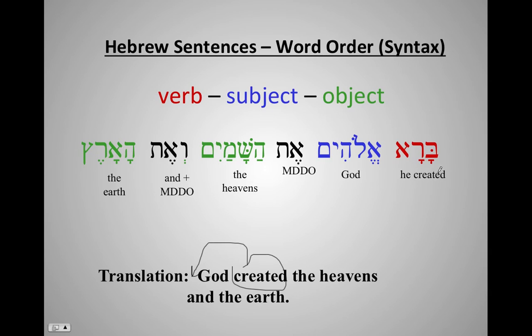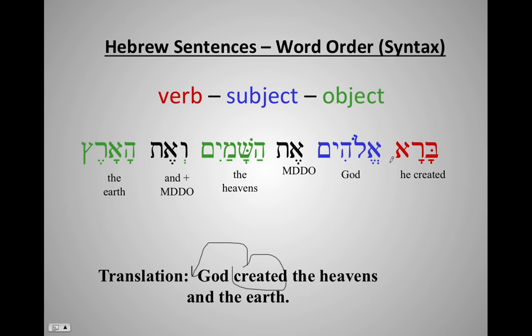So take this, for example, where a verb comes first, followed by its subject, followed by the object. This sentence comes straight out of Genesis 1:1. Bara is a verb. Note it's got those three letters, beit, resh, aleph. And bara, if we looked that up in a lexicon, we would see it's actually the third masculine singular form. Note it doesn't have an ending.